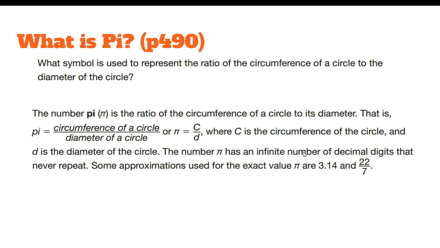It goes on forever and ever. But we do use some approximations. We say that, in math, pi is going to be equal to 3.14, or we can say that pi is 22 divided by 7. So that's about what we say pi is in order to solve math problems.